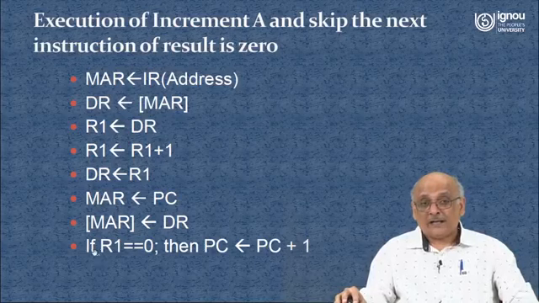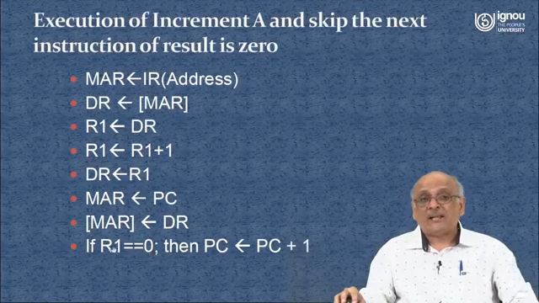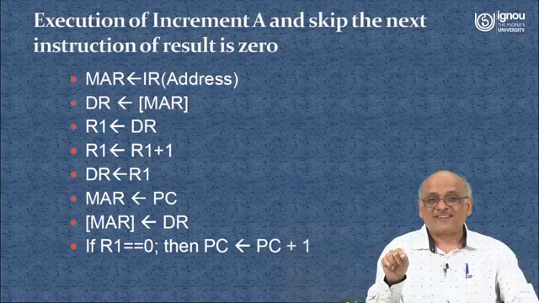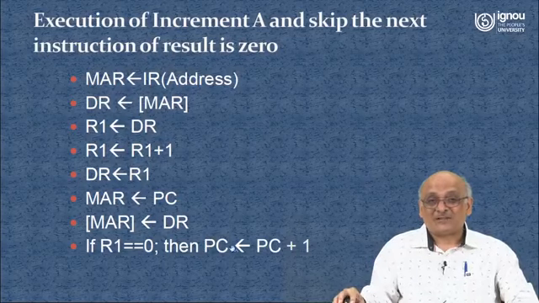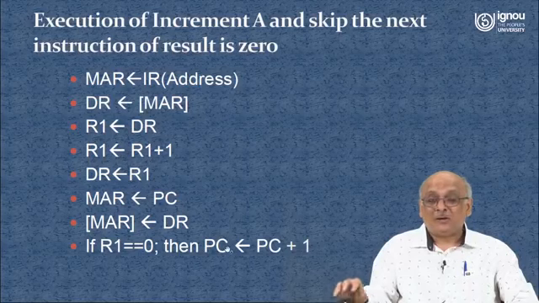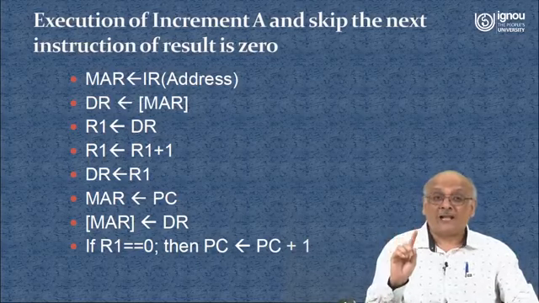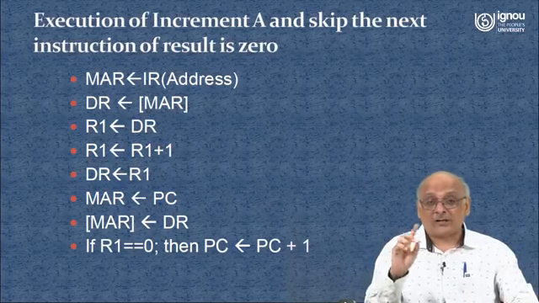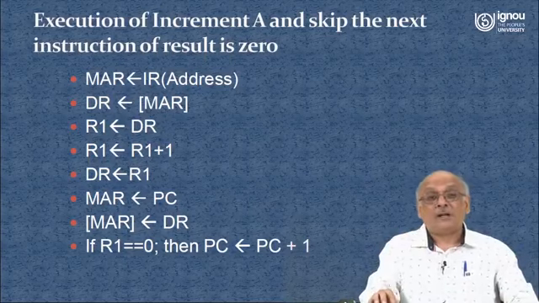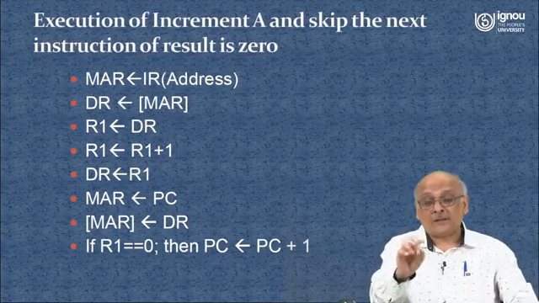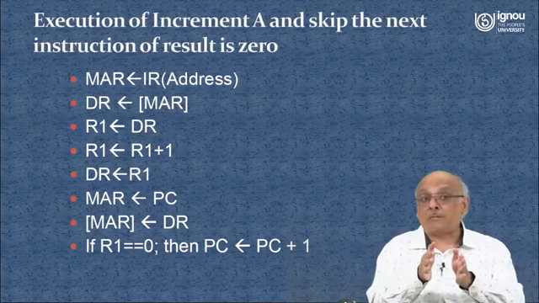And remember one thing: if R1 equals 0 is an if-then-else condition, which means even in the control unit I require if-then-else. So the microprograms also need to check flags, and on that basis the required circuitry or required control signals will be activated, and that is how the instruction execution related to a particular instruction using micro operations will be performed.